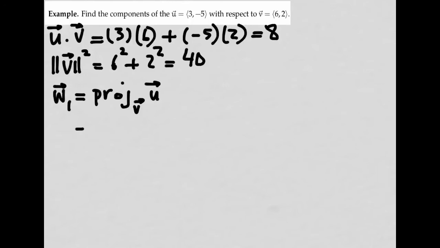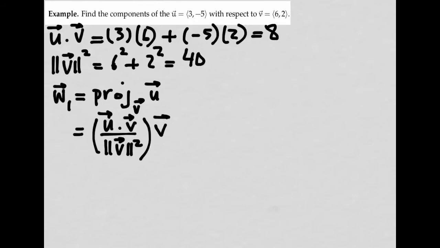That is given by u dot v divided by the magnitude of v squared, that's why I found those first, times the vector v. That's equal to u dot v, which we found to be 8, divided by the magnitude of v squared, which we found out to be 40, times the vector v, which has components 6, 2.